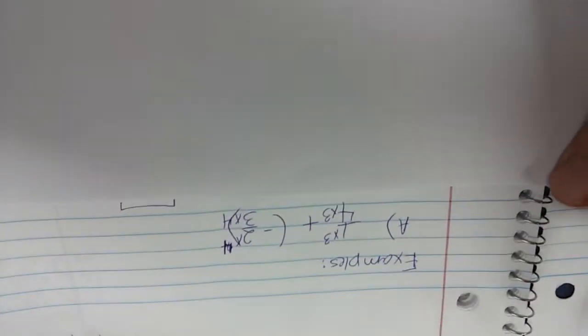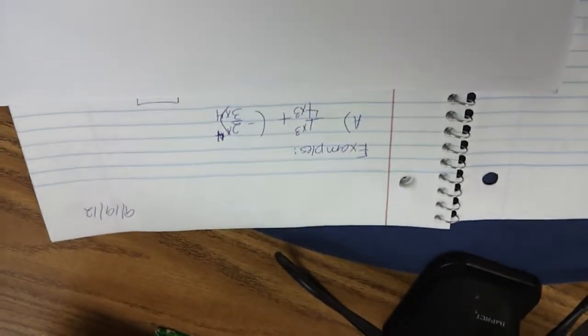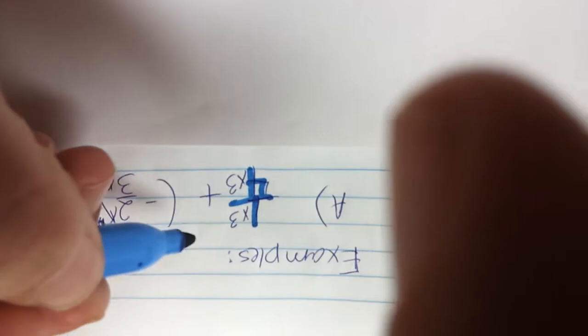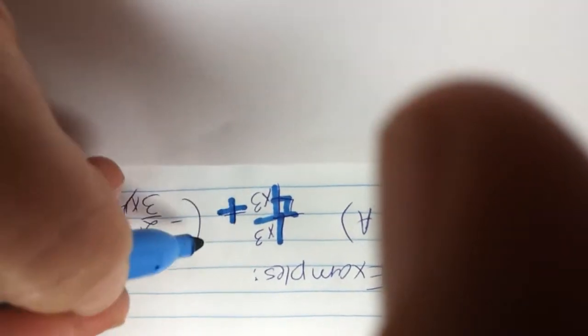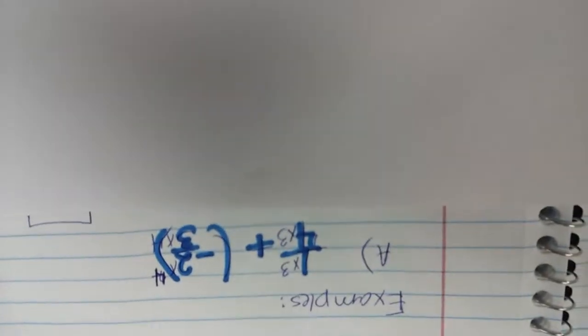Example A. The original problem, I already showed my work because I already did this problem once. 1/4 plus negative 2/3. Sorry, my finger got in the way. All right.